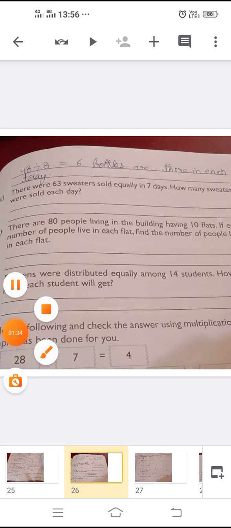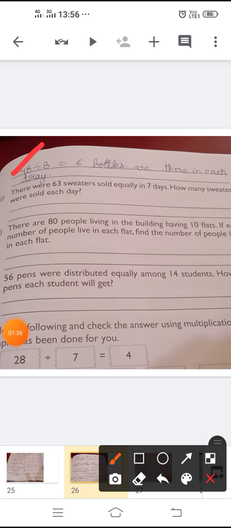Total number of bottles they are talking about is 48, and number of trays is 8. So 48 divided by 8 will give you 6. That means 6 bottles are there in each tray.